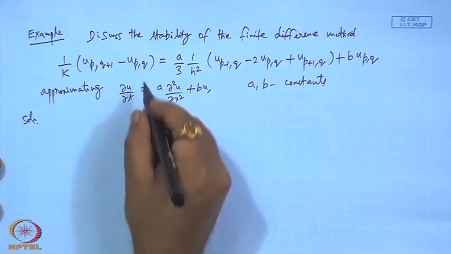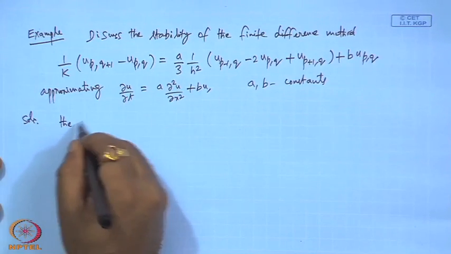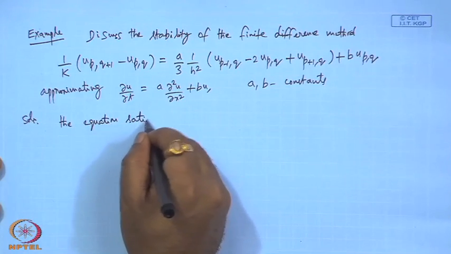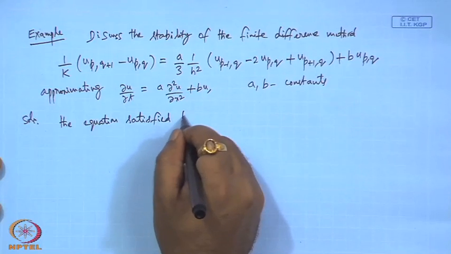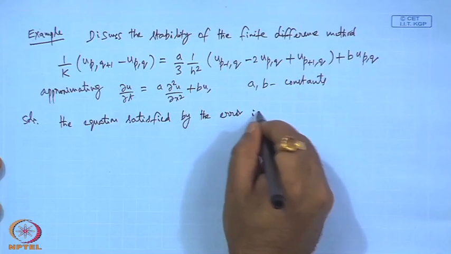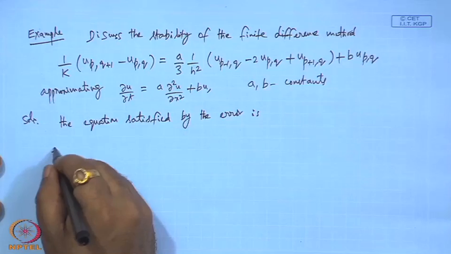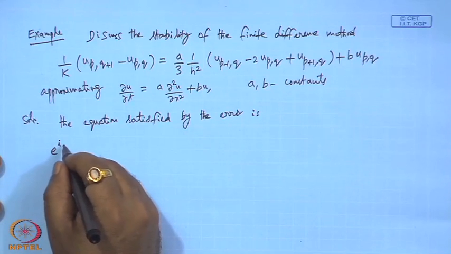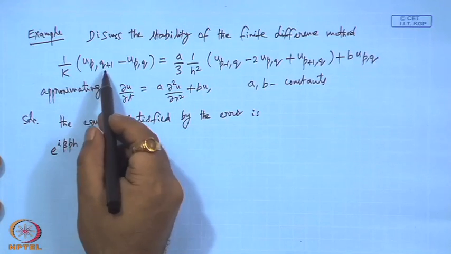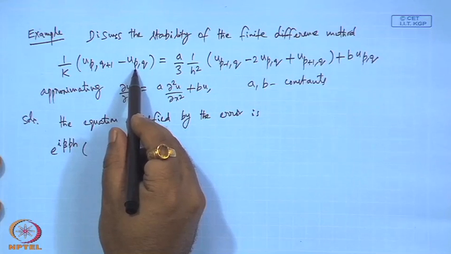If we do the similar process, we get the equation satisfied by the error is, so I pull out, because these two are having index p with respect to x.